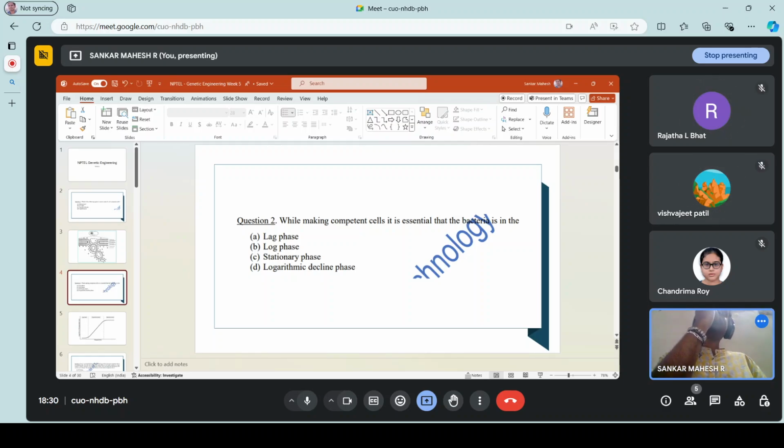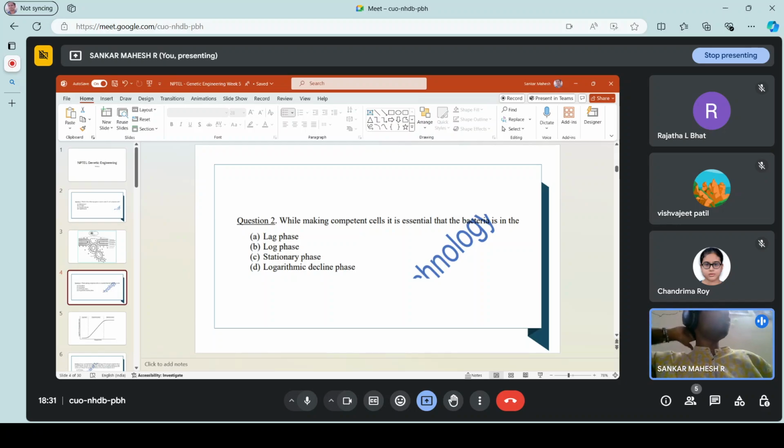Now what we'll do is add some media to the cells and grow them for some time, like 1 hour. So 1 hour means 3 generations with respect to E. coli, right? After these 3 generations, we expect that multiple cells have taken up the plasmid and replicated it.